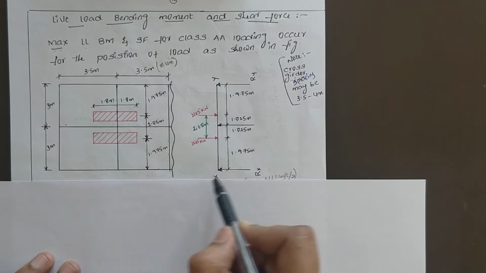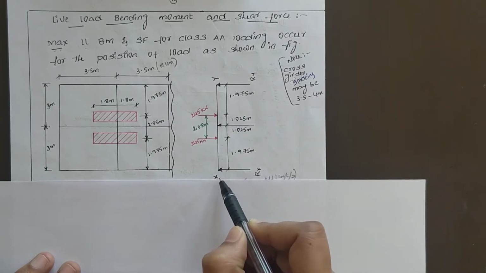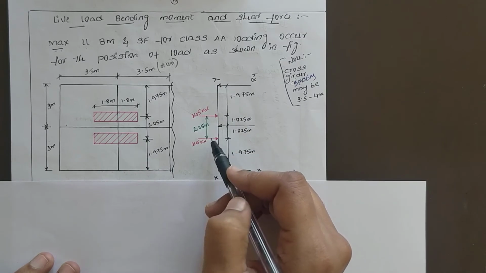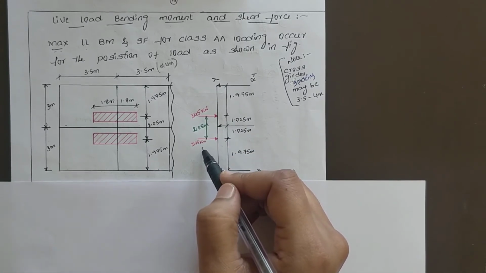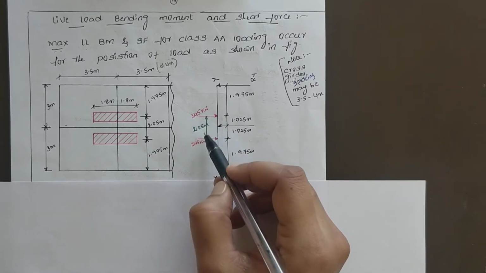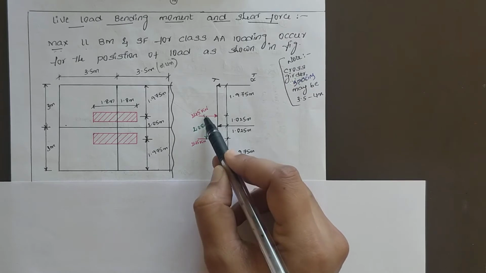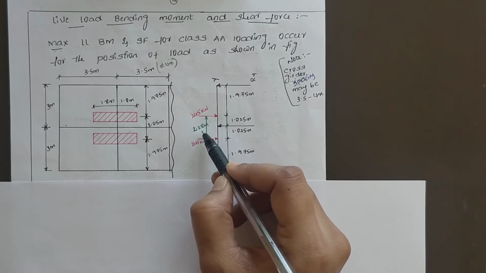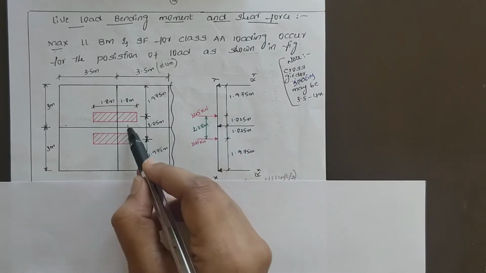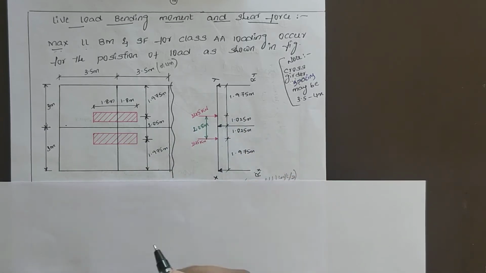Observe here, these are the reactions Rx and Ry. Place the wheel load. The shear force value is 245 kilonewton, and this is 245 kilonewton. The center to center distance of the wheels is 2.05 meter. Same, you project it. This is the wheel load and this is the wheel load.